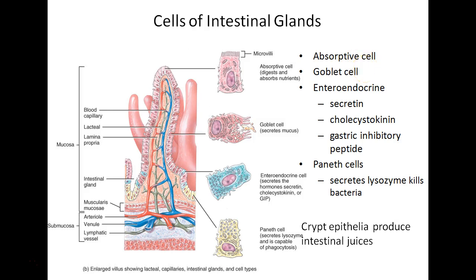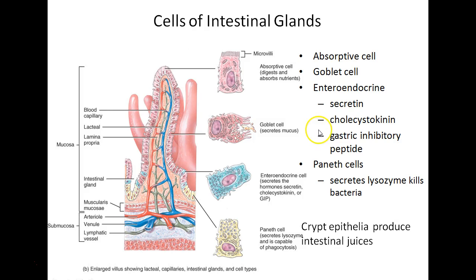And we also have enteroendocrine cells. And these enteroendocrine cells are also called G cells. In the stomach, we see that this secretes gastrin into the blood. Well, in these intestines, we see that these enteroendocrine cells secrete a substance called secretin. This is a hormone.